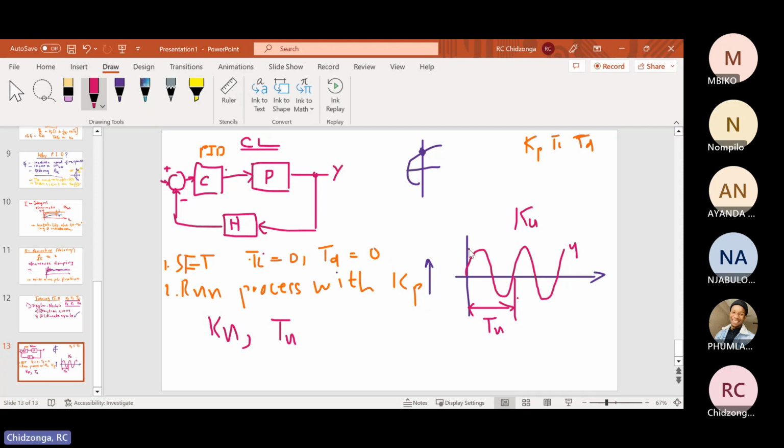It will give you a bounded response, right? Not an unstable response. It will be a bounded continuous oscillation. When that happens, you stop increasing the gain. You record the ultimate gain, KU, and the period, right?